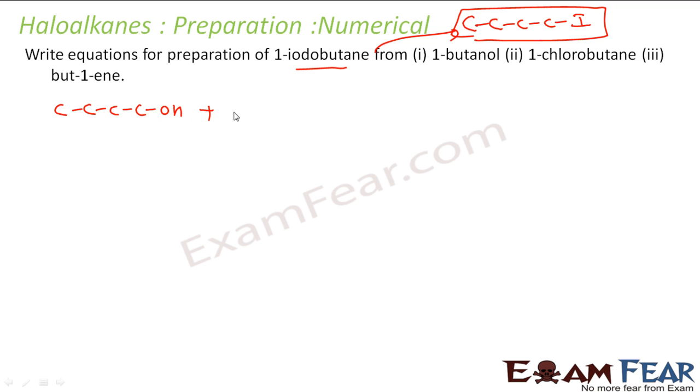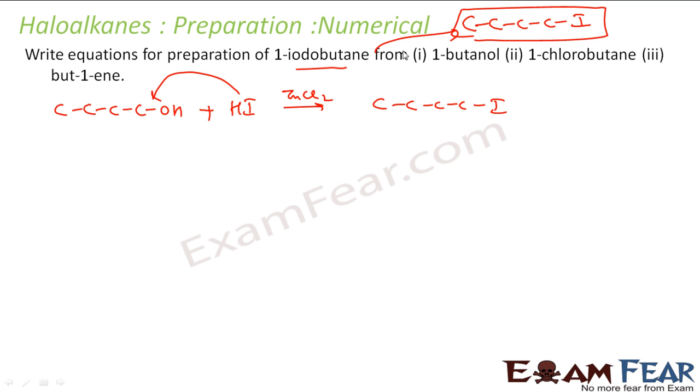What I can do is use HI, and I have to use ZnCl2 because it's a primary alcohol. So this will be my SN2 reaction. It will kick off this OH and form 1-iodobutane plus water.